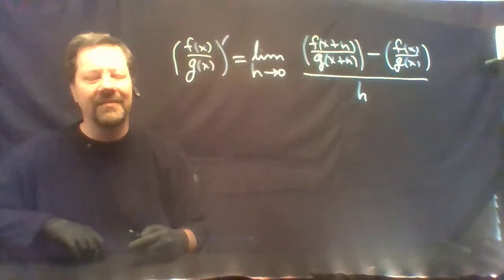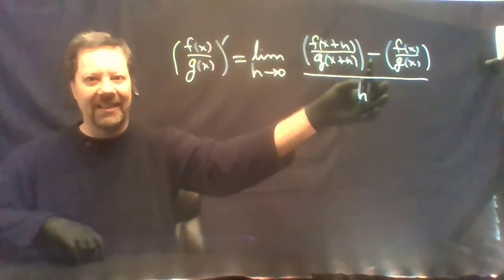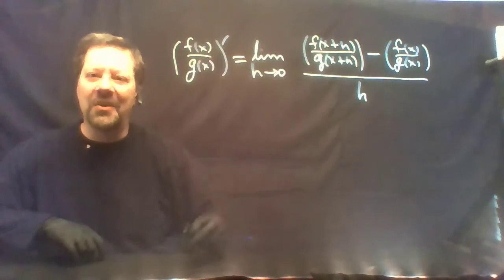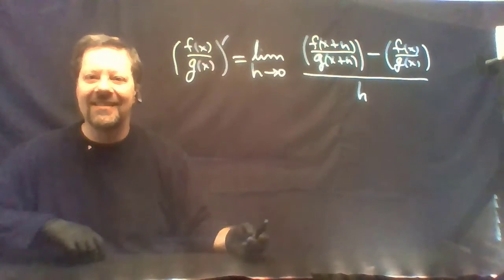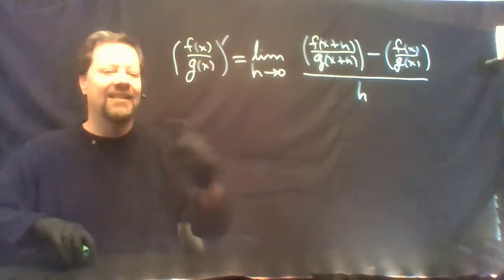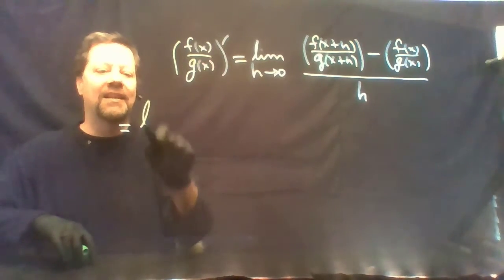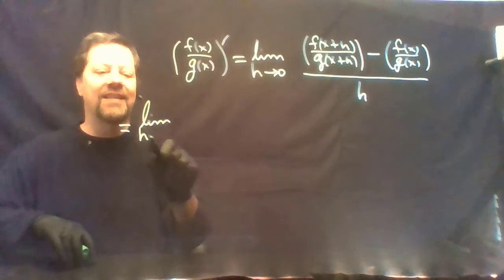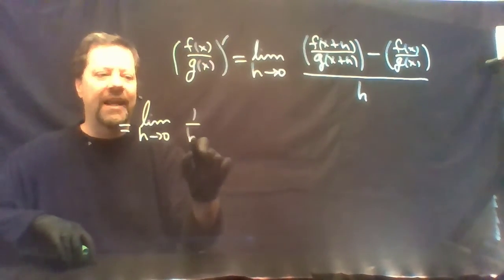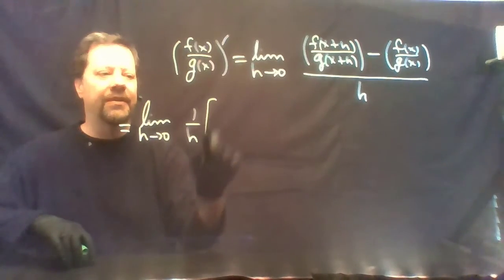At this point, we are subtracting fractions. How do you subtract fractions? You have to have a common denominator, of course. So we'll write that as the limit as h goes to 0. Can we write this h as 1 over h out front for a moment?